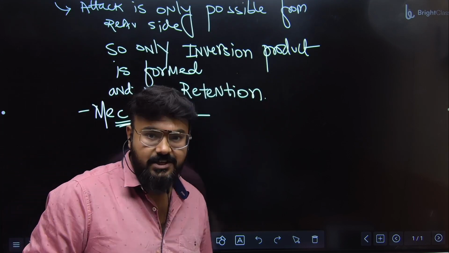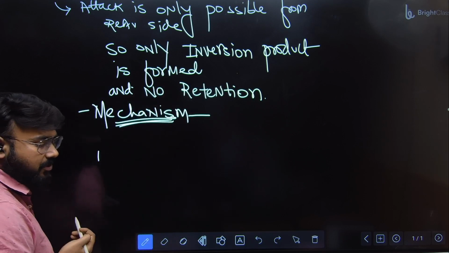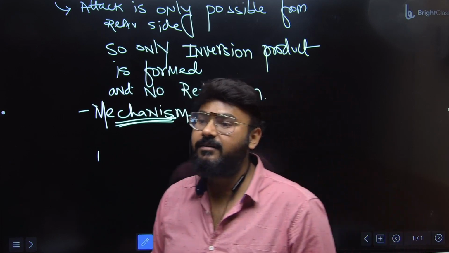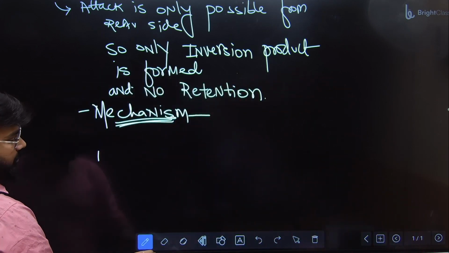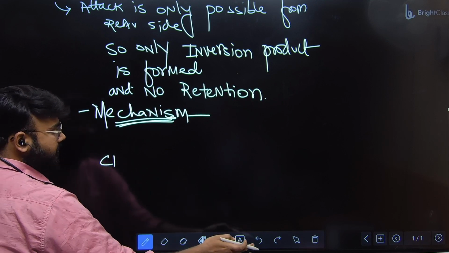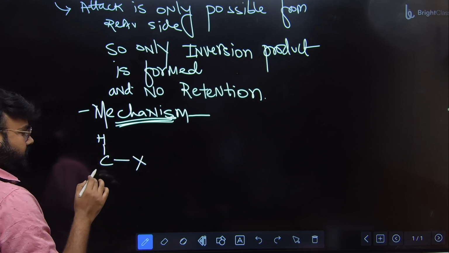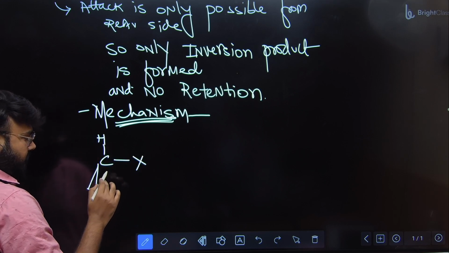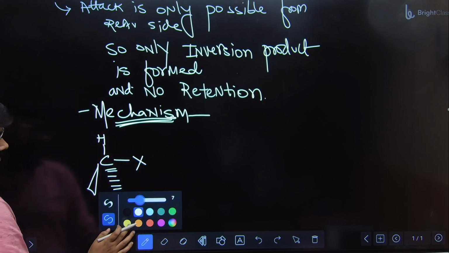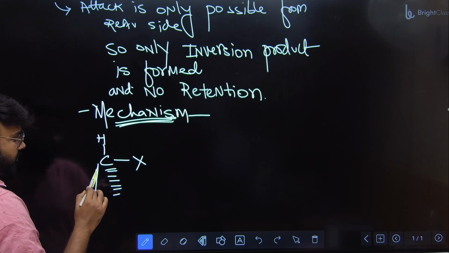Because it is a single step, keep that in mind, only one step reaction. So for the example to explain the mechanism, which degree ideally you should keep? 3 or 1? Yes, so we'll take the methyl chloride example. Guys, you don't have to worry about what I am drawing.